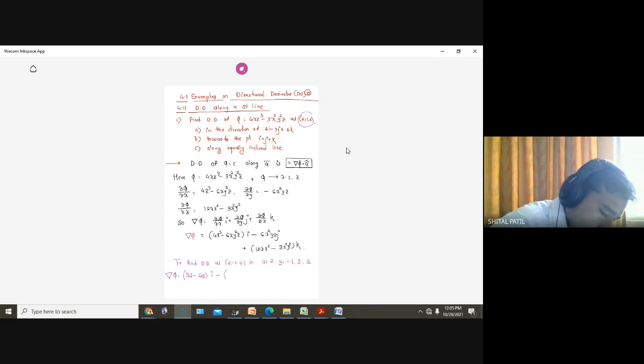Minus 6 into x square, 24, minus 24, minus 48. X is 2, z is 2.